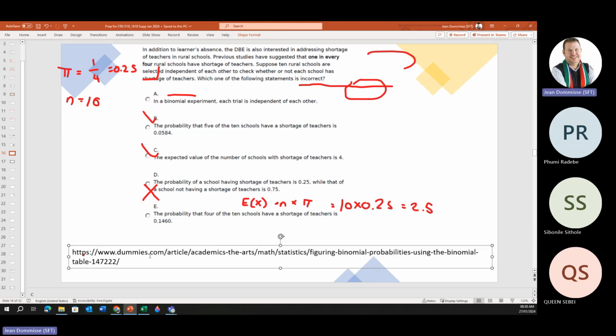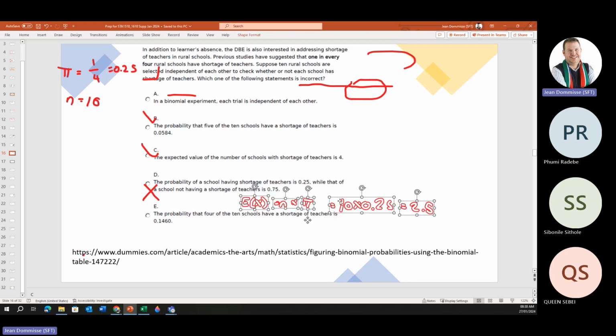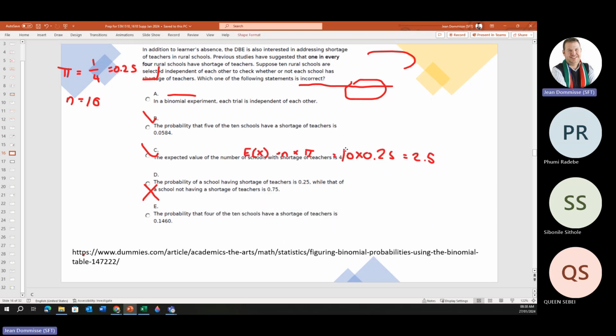We're only left with 1610 now. You are allowed to use any of the other tools, so you are allowed to Google a table.